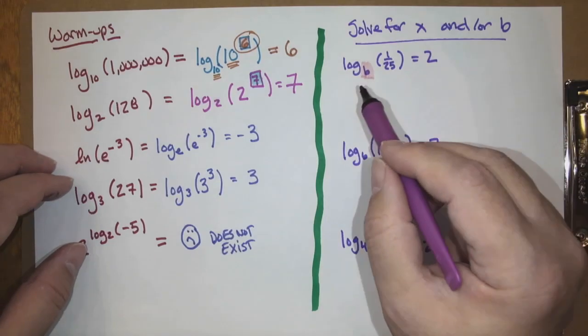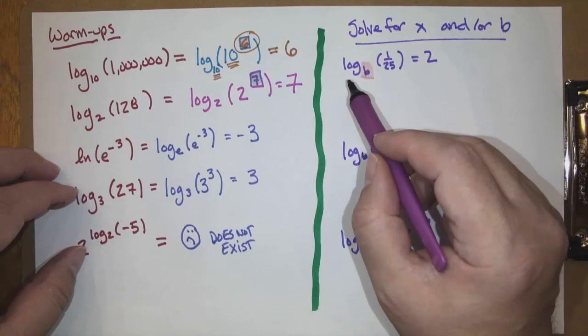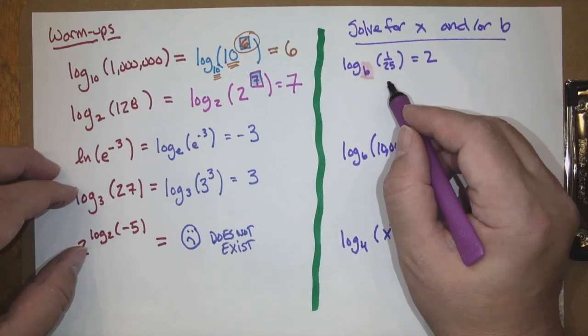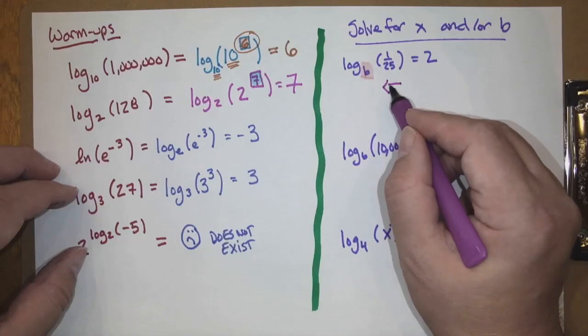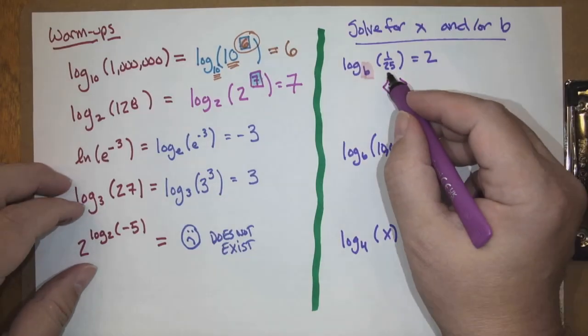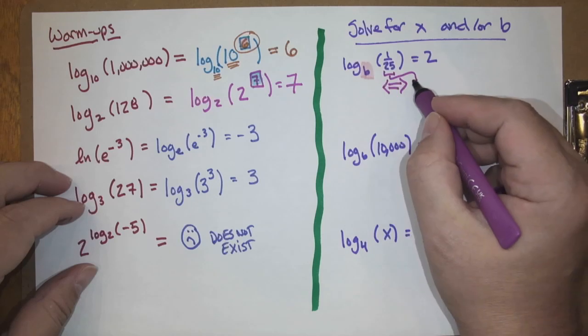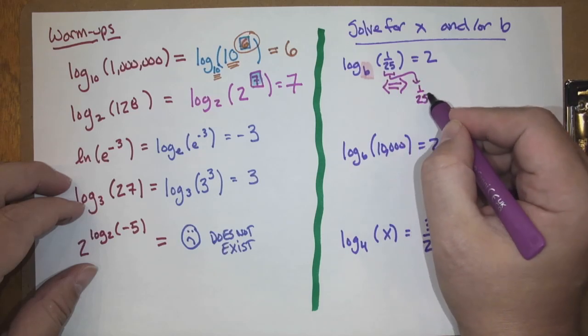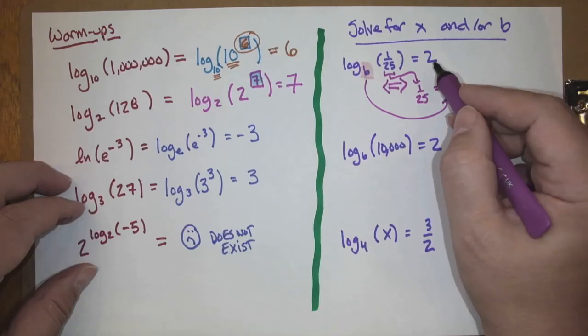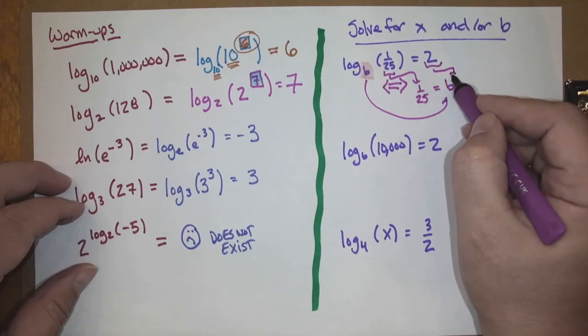Well, one way is to say, if I'm asking the question log base b of 1 over 25 equals 2, I can turn it into a different question. Because a logarithm means something. So this is the same as asking the question, take the 1 over 25, and you say that's equal to that b, that base, to the power 2.